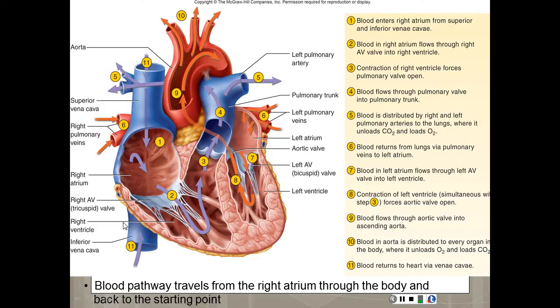So take your time, read this section on how the blood flows through the heart. It's very important. You need to know this.